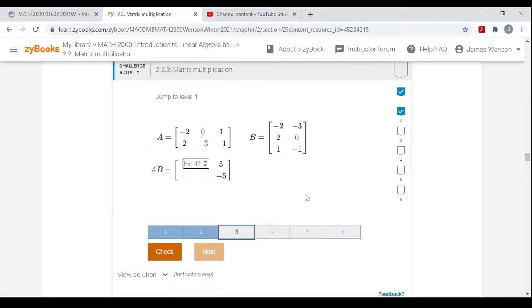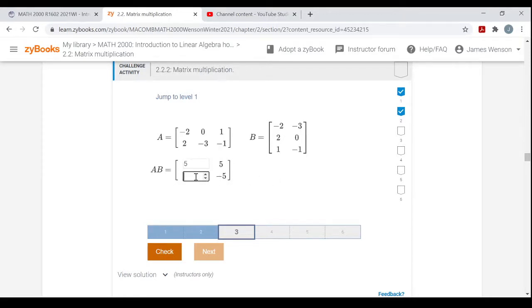So here's another one. Now this one, you don't have to fill in all. I just have to fill in these 2 here. Now this is A times B, a 2 by 3 times a 3 by 2. So this time you'd have 3 entries to multiply. So I'll do this last one. First row, first column. So first row of A, -2, 0, 1, with the first column of B, do that row column rule. So -2 times -2 is 4, plus 0 times 2 is 0, 4 plus 0 is still 4, and then plus 1 times 1 is 1, 4 plus 0 plus 1 is 5, so I have 5 there.